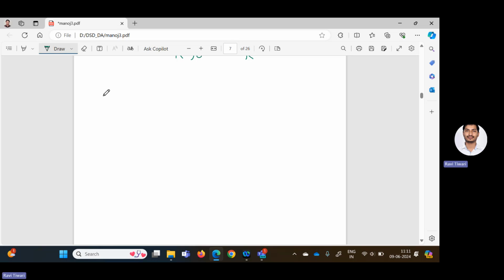So now I will give one shortcut method to check whether the function is continuous or not continuous. This is not any standard result, but you can apply it.